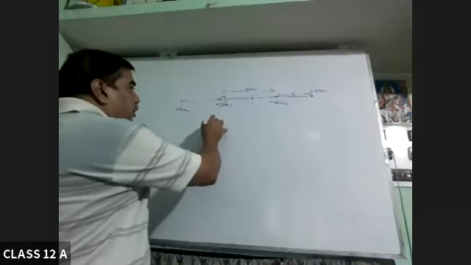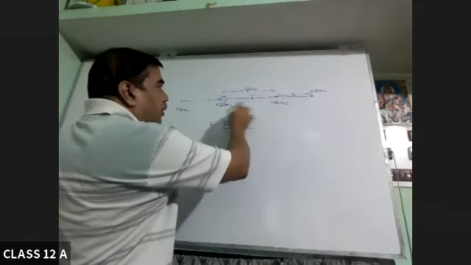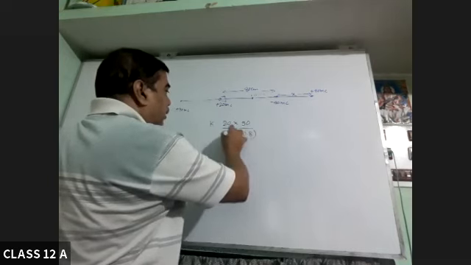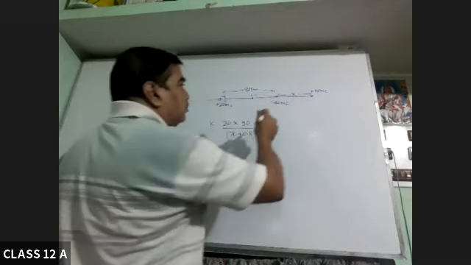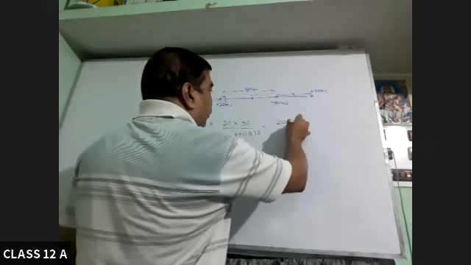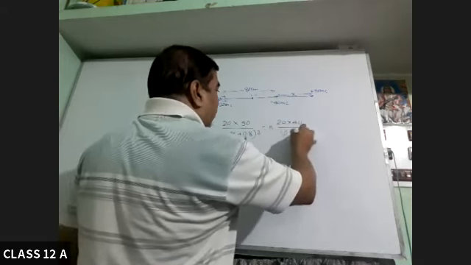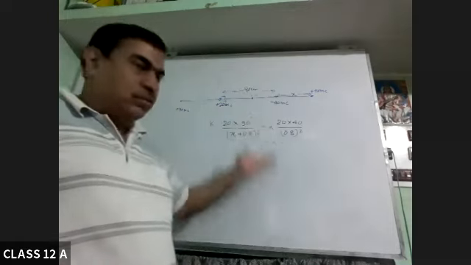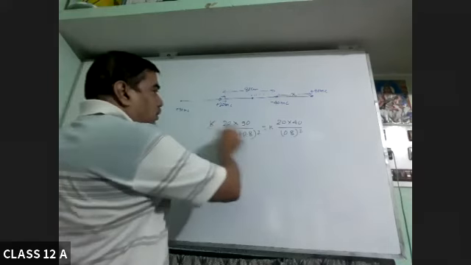So what will be this: K 20 millicoulomb into 90 millicoulomb over x plus 0.8 equal to this and this, 20 into 40, of course K will be there, and 0.8 square. You may assume this side. So we'll get two values of x. So this K cancel.